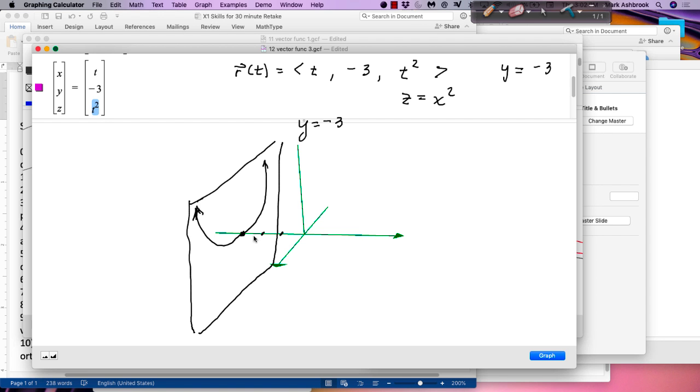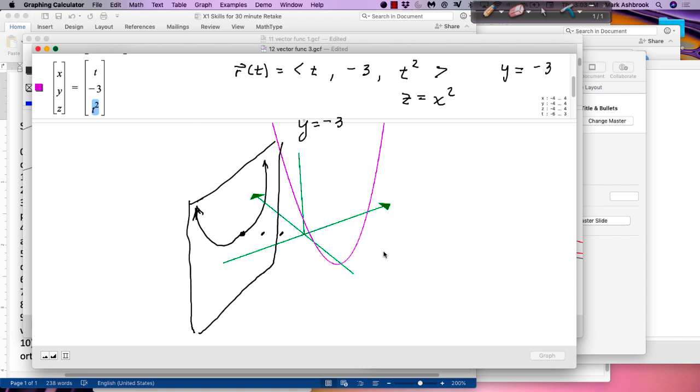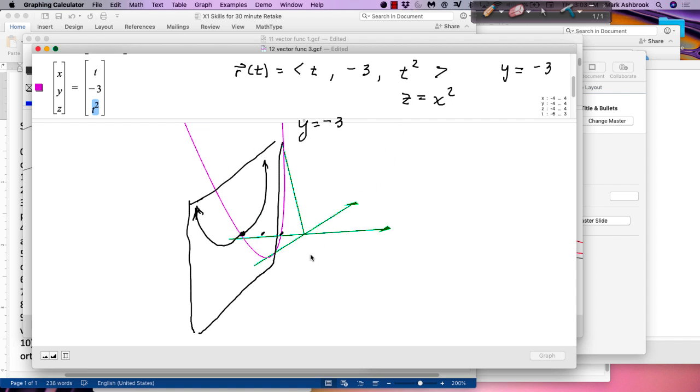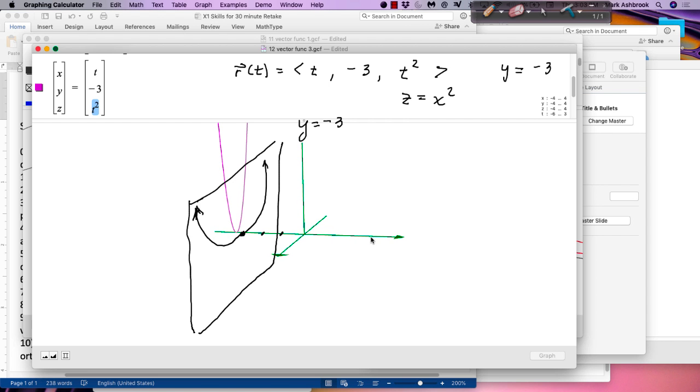I don't know exactly where -3 was here on my scale, but it should be the same. So you're using previous knowledge, and a big thing is looking for these obvious clues like y equals -3. That just isolates the curve right on the plane y equals -3. And then the rest of it will be whatever curve you get with z and x. So z equals x squared. It's just our basic parabola, and it will be in the plane of y equals negative 3.